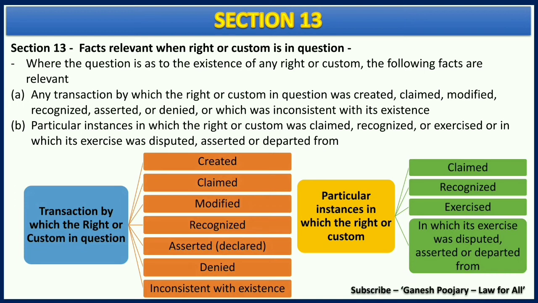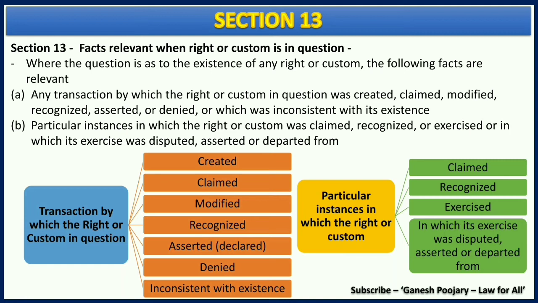One, the creation of such right or custom. Second, the claiming of such right or custom. Third, any modification, or any recognition of that right or custom, or any assertion of it. That means if somebody is declaring that this is my right or this is my custom, that also becomes a relevant fact. Or if there is any denial of right or custom.